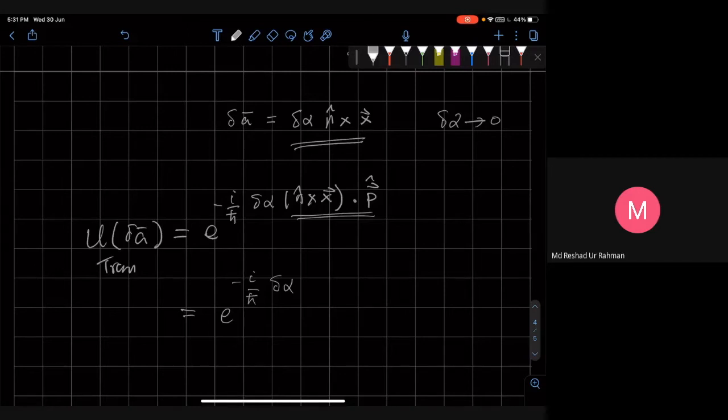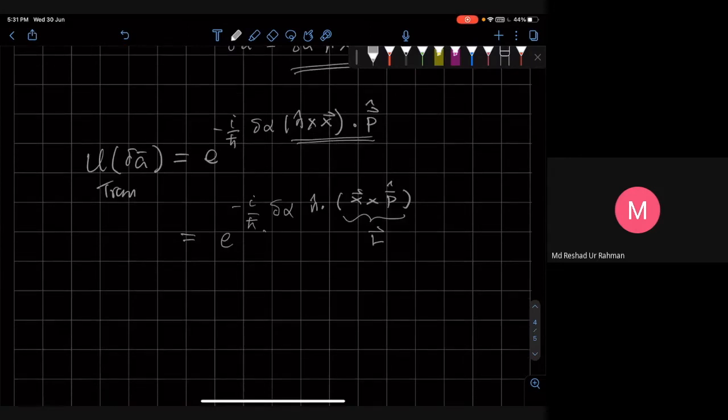Okay, so here's the crucial step: this becomes n dot x cross p, and we know what this is. This is the orbital angular momentum operator.